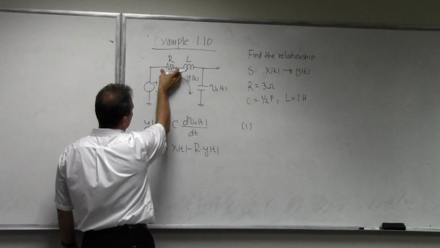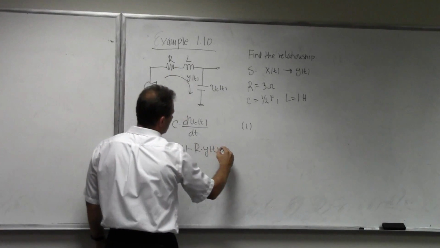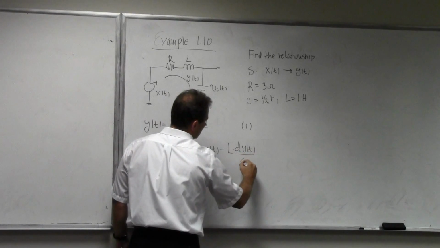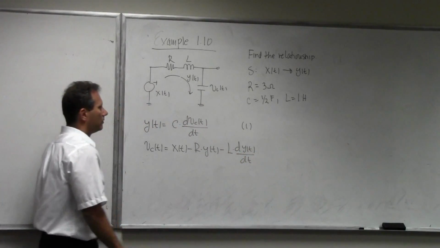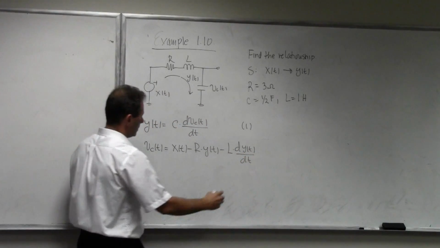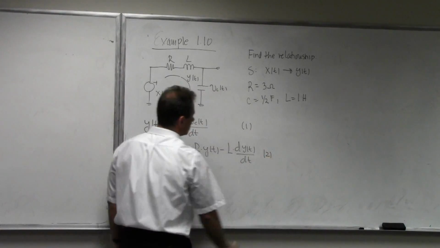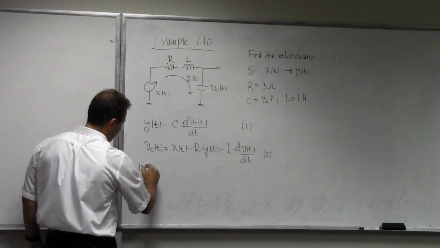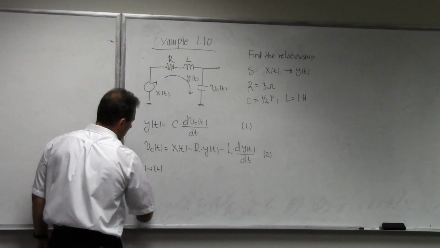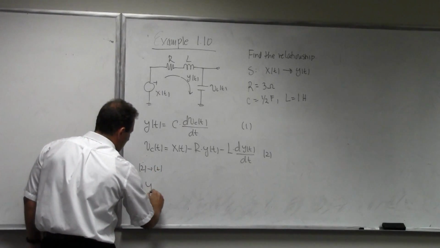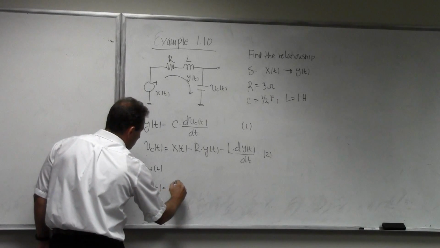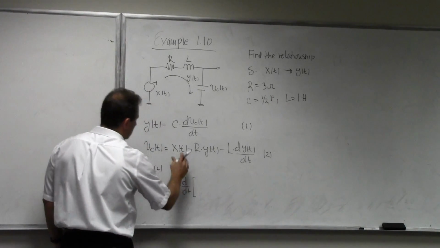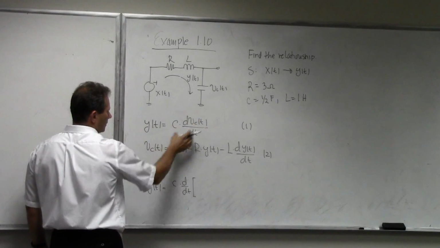That's a voltage drop on this resistor here, and minus L dy of t over dt, which is the voltage drop on the inductor over there. So now, if I substitute 2 into 1, I can notate something like this. y of t is equal to C d over dt, and then this whole thing fits in here.